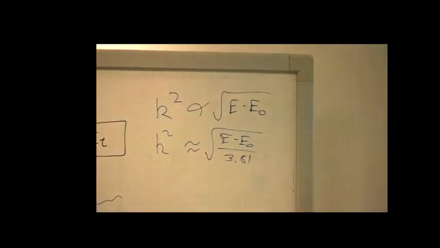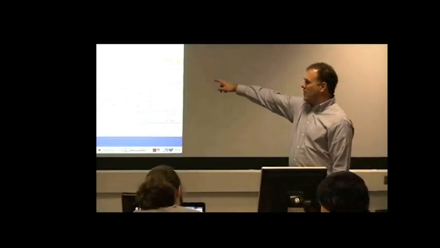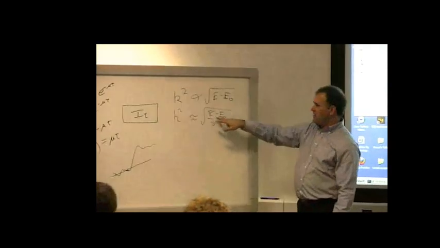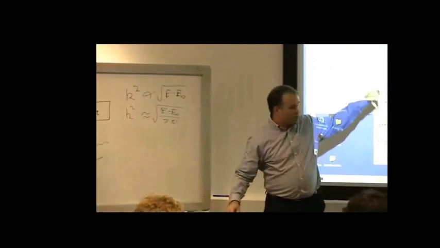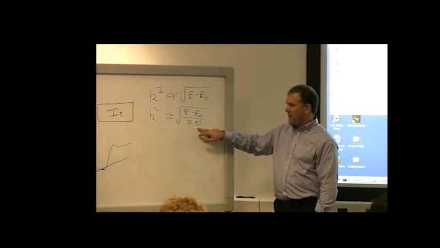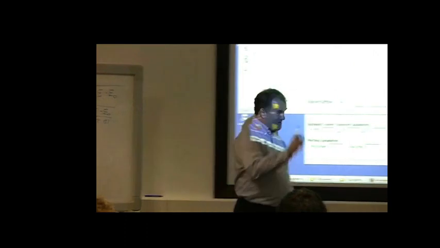Now, 381 volts above the edge, it should show up at 10. So 381 volts above the edge, whatever that energy is, minus the chosen edge energy, 7128 point something, divided by 3.81. And I can do 381 divided by 3.81 in my head, which is why I chose that one. And in K, it turns out to be 10.